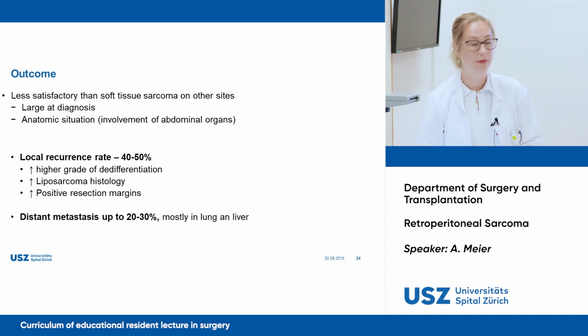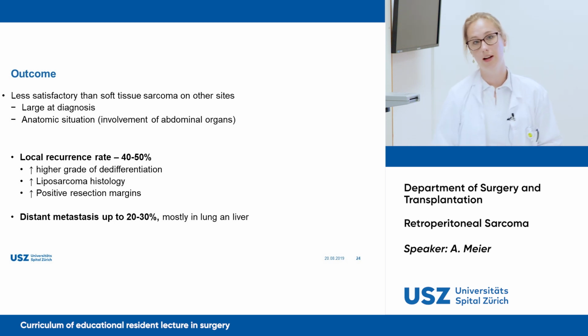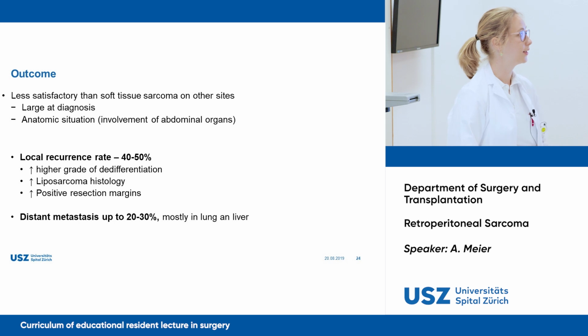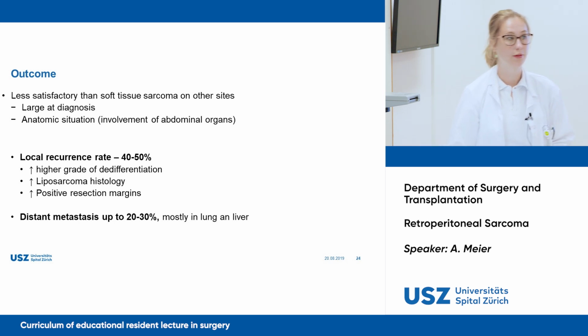The outcome of retroperitoneal sarcomas is less satisfactory than soft tissue sarcomas on other sites, like on the extremities, because it's often diagnosed larger and has an anatomic situation with involvement of abdominal organs, and we all know that this can also lead to some problems. There's a high local recurrence rate, about 50%.